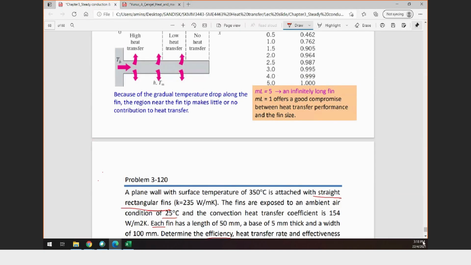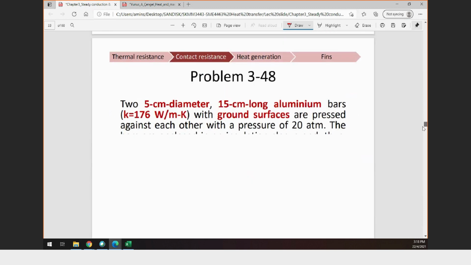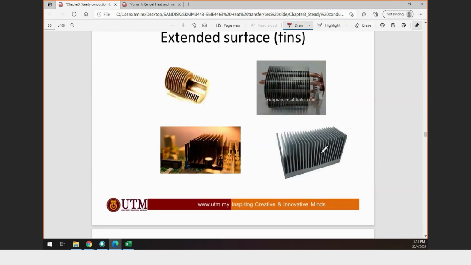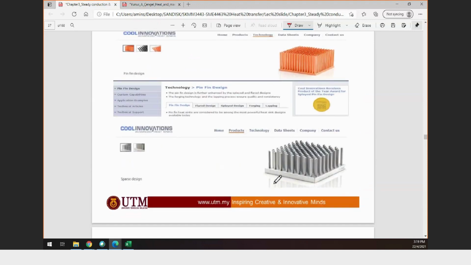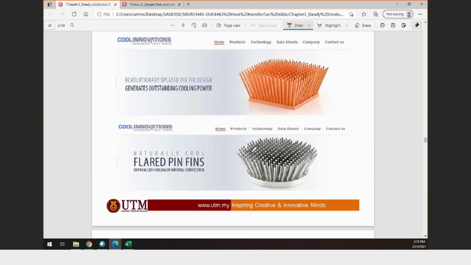Remember when I showed you this image of fins? This is a rectangular fin, this is an angular fin. This is a pin fin shape, but you see how many pin fins are obtained here. You will not calculate all of them, but only calculate once, and then multiply by how many pin fins you have in your system, because all the pins are symmetrical, unless you design it a different way.